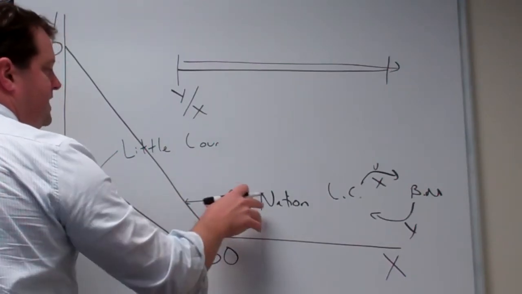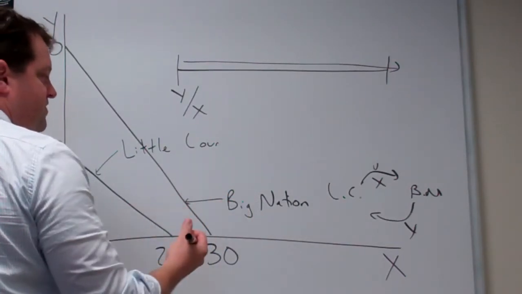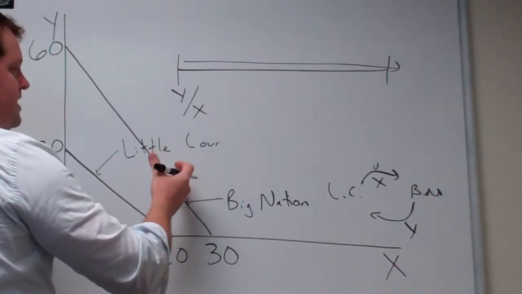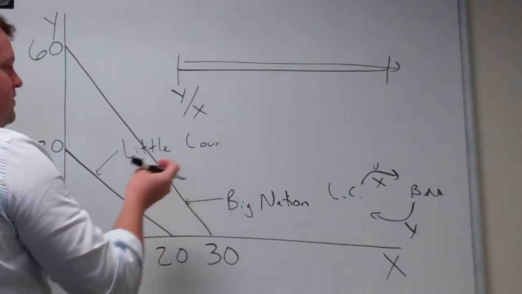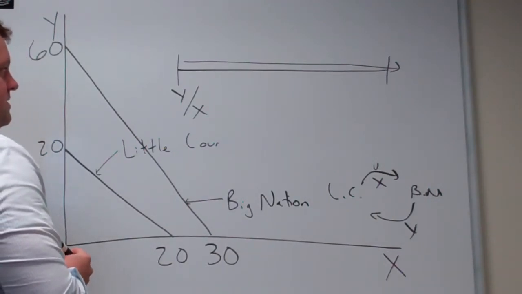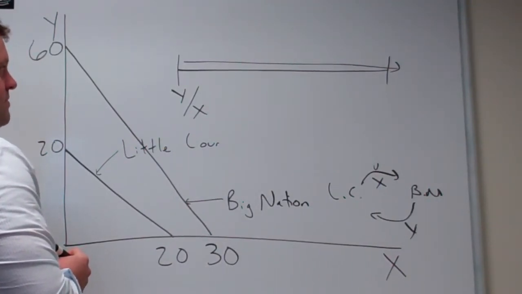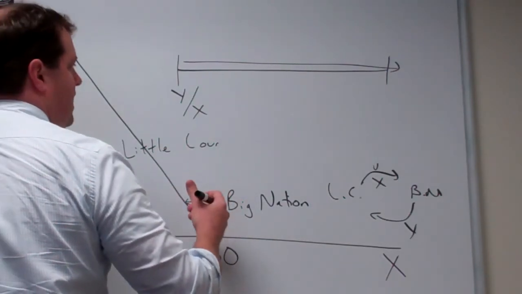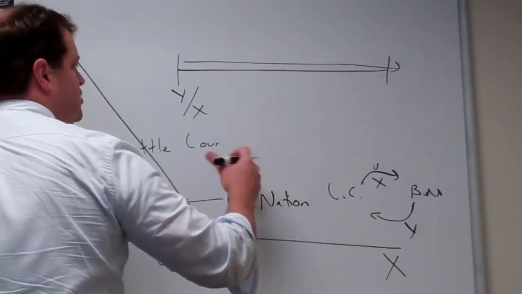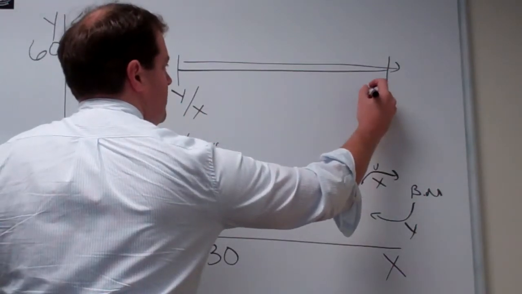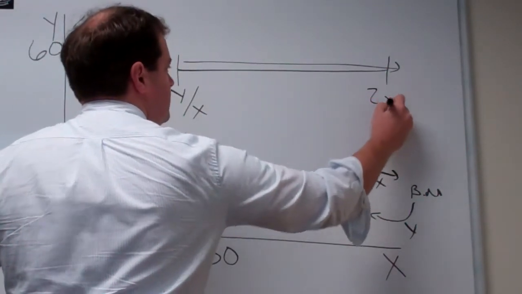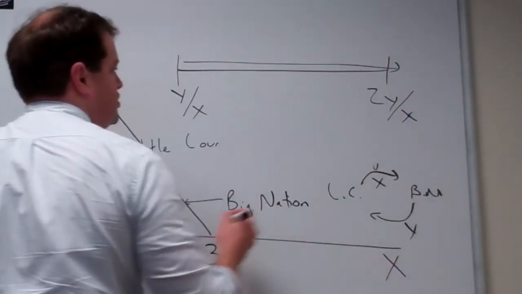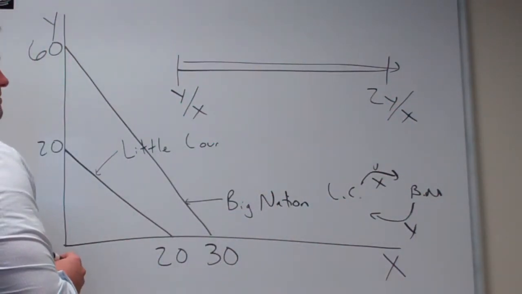Now similarly, big nation is going to be receiving X from little country, and it wants to give up fewer Y every time that it gets one of these X's compared to when it operates by itself. So what it's going to do is say, well, fine, we'll trade with you, but the maximum quantity of Y we're going to give you is 2Y for each X that you deliver to us.